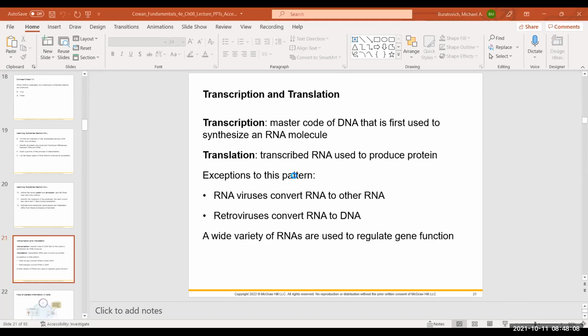So how do you access genetic information within that molecule? You access it by means of making an informational intermediate. That informational intermediate is an RNA molecule. So the making of an RNA molecule from DNA, that process is called transcription.